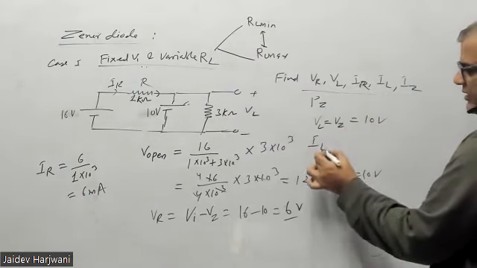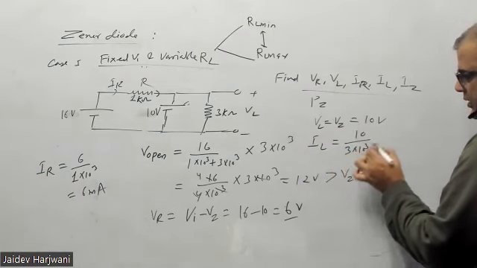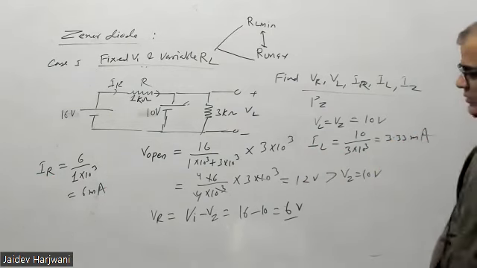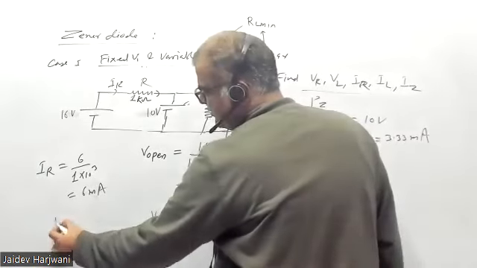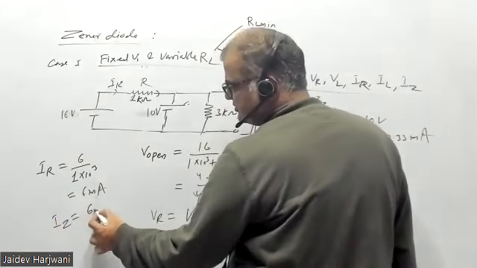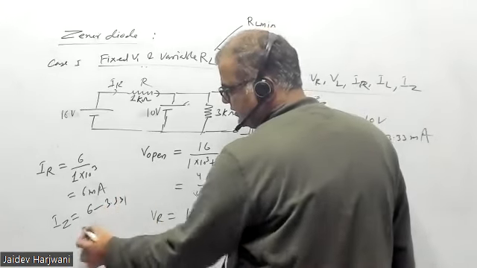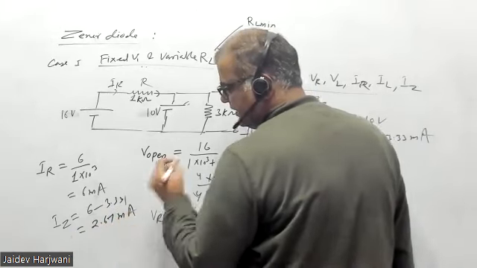So IL will become 10 upon 3 kilo ohm, that is 3.33 milliampere. And your IZ will be how much? IZ will be 6 minus 3.33 milliampere, that is 2.67 milliampere.